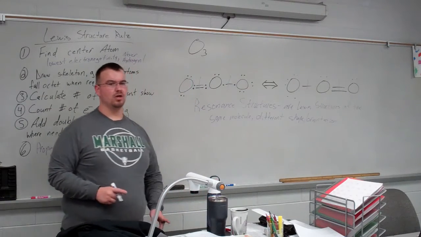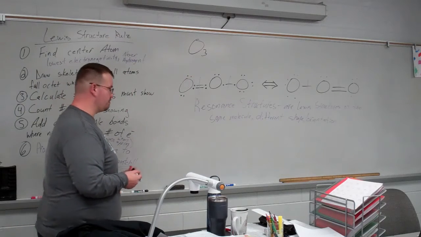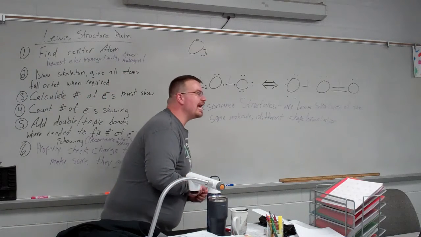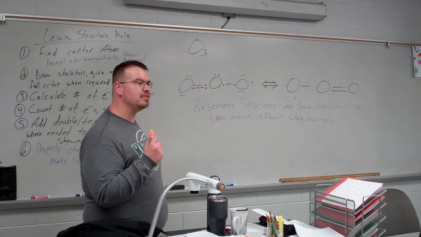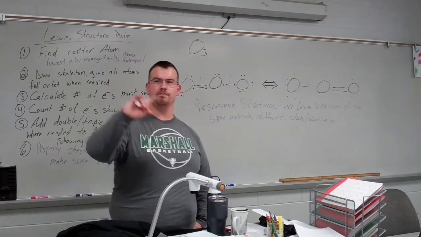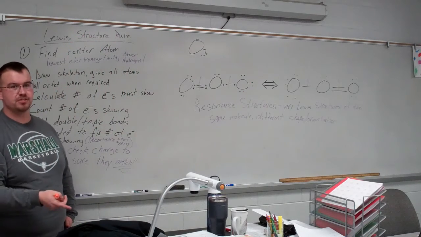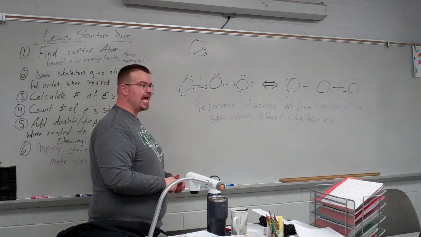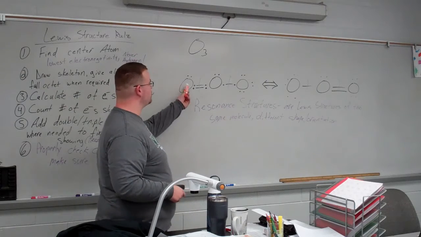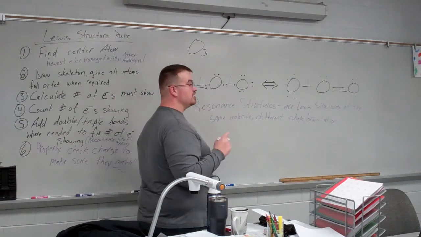When you do this, you're going to look at the charge. Whenever you're looking at the charge of that atom, you will take the number of valence electrons that it has off the periodic table and subtract the number of electrons being shown now. In this case, how many valence electrons does oxygen normally have? 6.